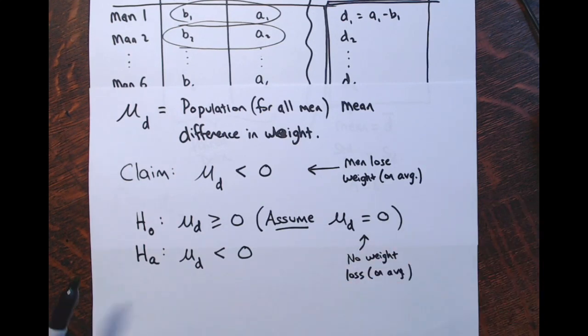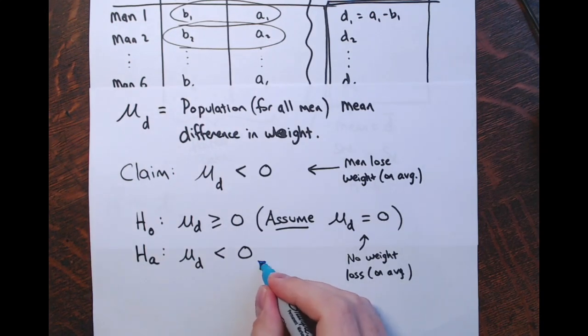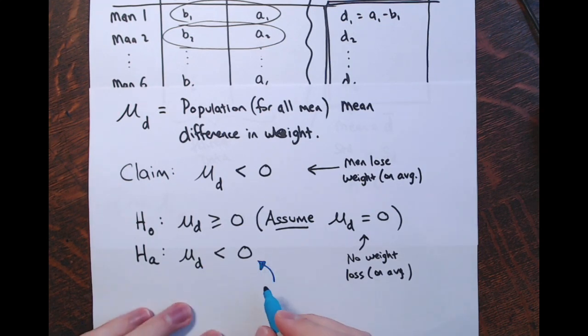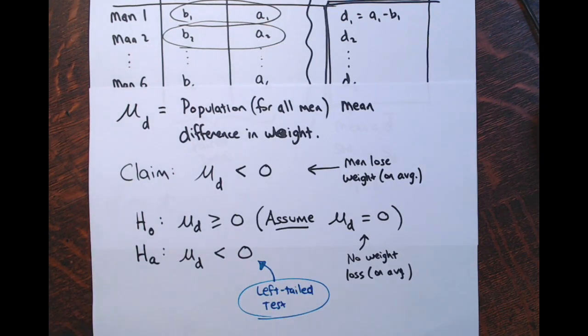Okay, but then what we're asked is what kind of test is this? And that all comes from how the alternative hypothesis looks. And look, this is some parameter is less than 0, less than a value. So this is a left-tailed test. Hopefully that all looks familiar. How the alternative hypothesis looks tells you what kind of test you're running.